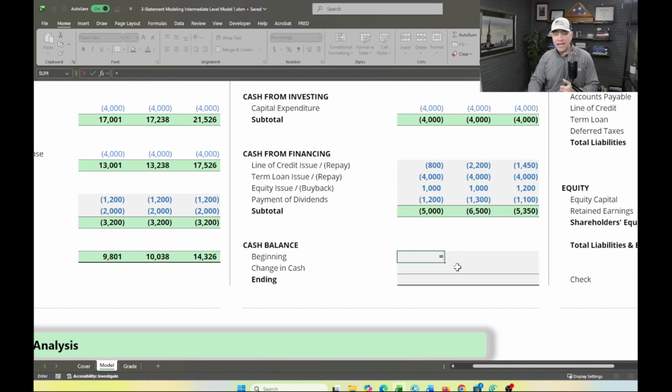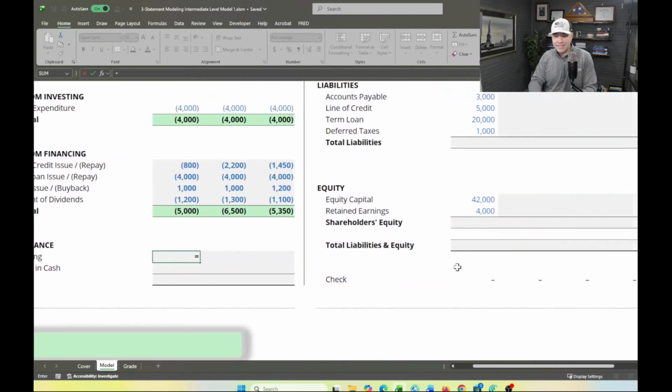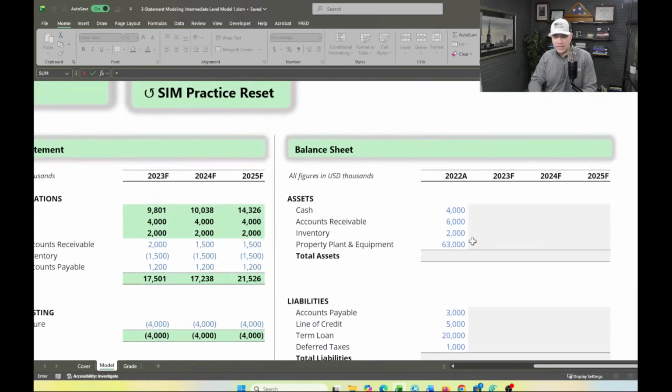To find that out, you always want to think about where a balance of cash is found. The cash flow statement is the change of cash. However, the balances are found in the balance sheet. As you can see in the balance sheet, we have our forecasted years, and then we have the last actual years. This is the last recorded year on the balance sheet, and we have an ending balance of the previous year, 2022, of $4,000.